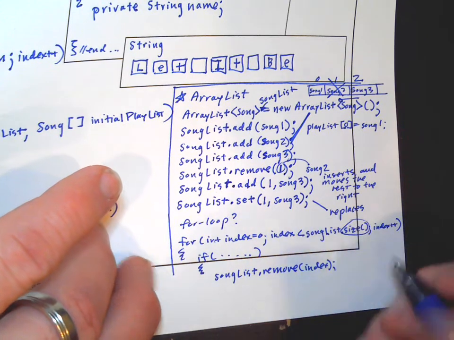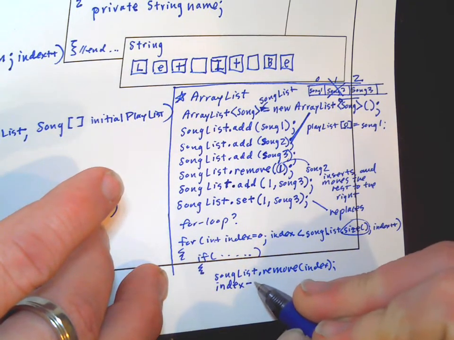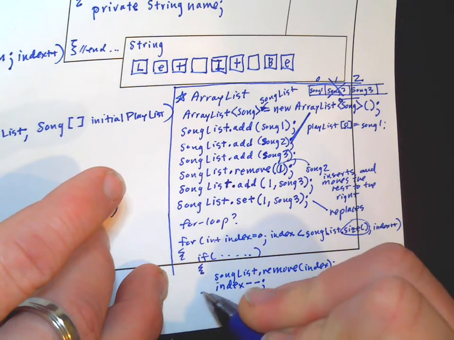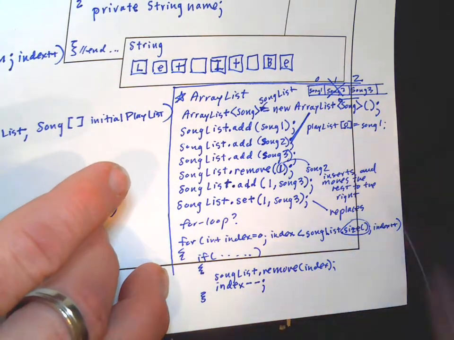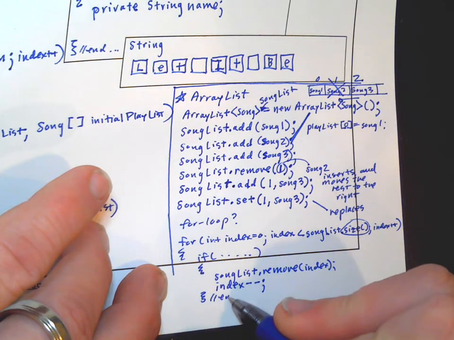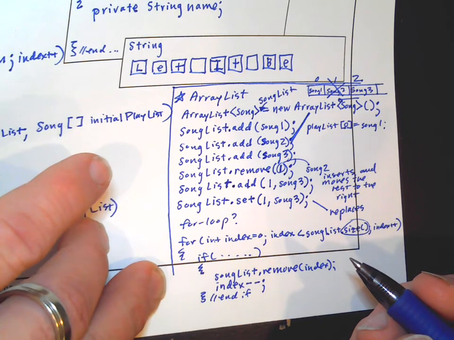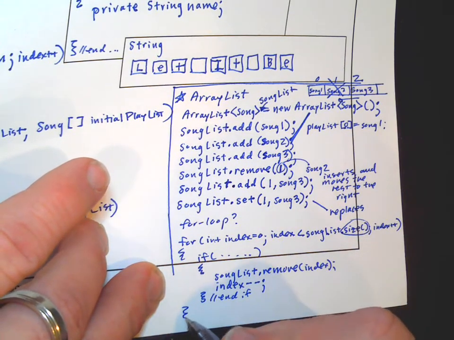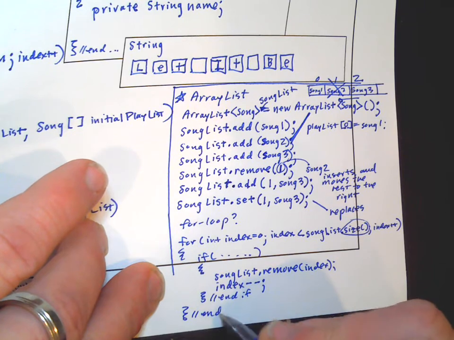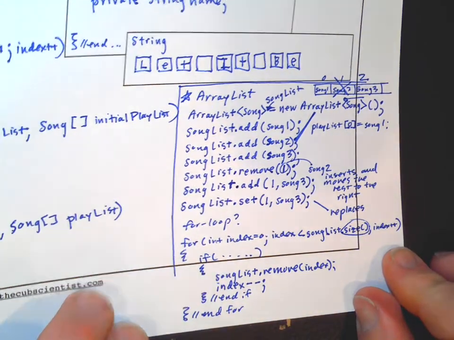So you have to do index minus minus. You have to rewind it. You've got to go backwards and check what's in that spot again. Otherwise, you're going to skip it. And that's a very common mistake. Anyways, that's some ideas of how to traverse an array list.